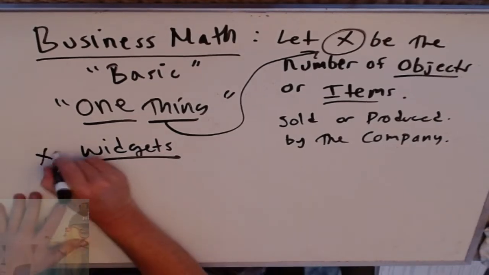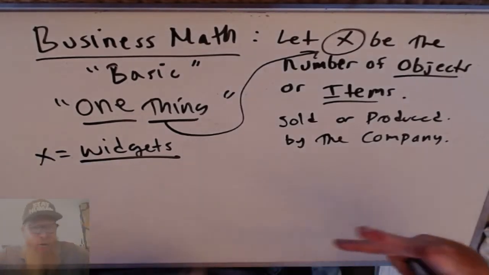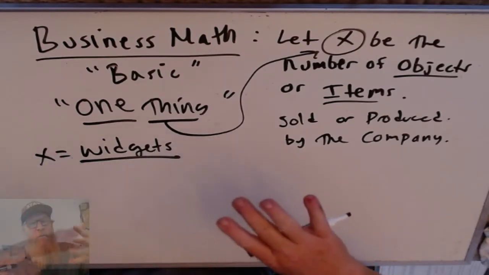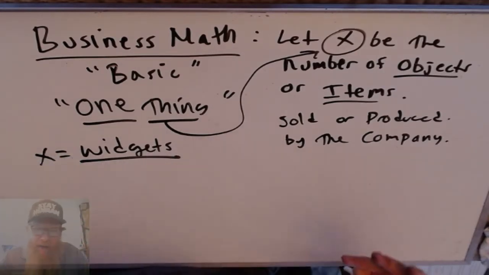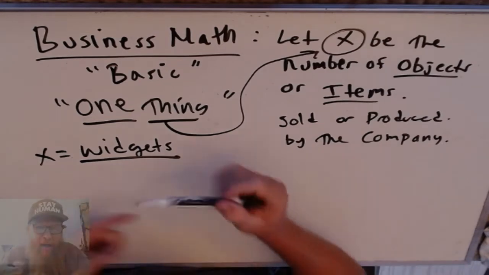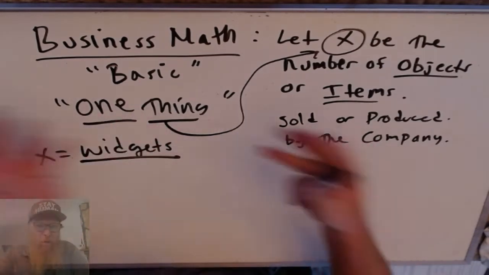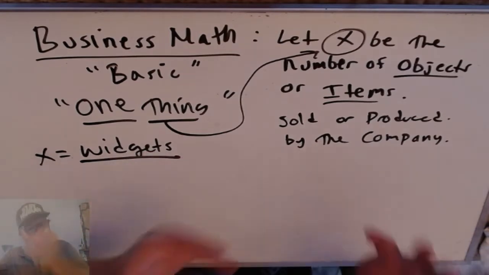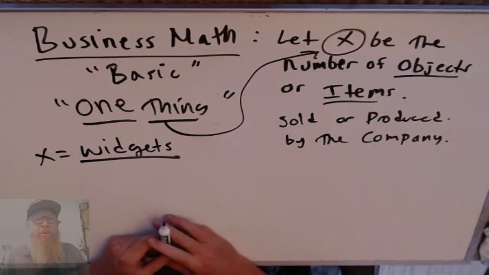In business math, X represents just a widget. A widget is a make-believe fictitious item. And the whole idea is it doesn't really matter whether a widget is a hat or a pair of glasses or a pen or a book or a computer or whatever. A widget is a thing. A thing is what you're selling, and that's what we really want to base our business model on.